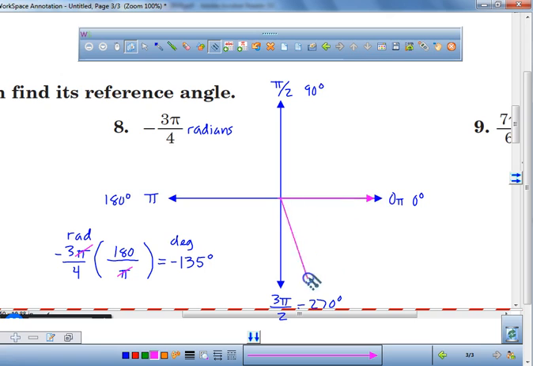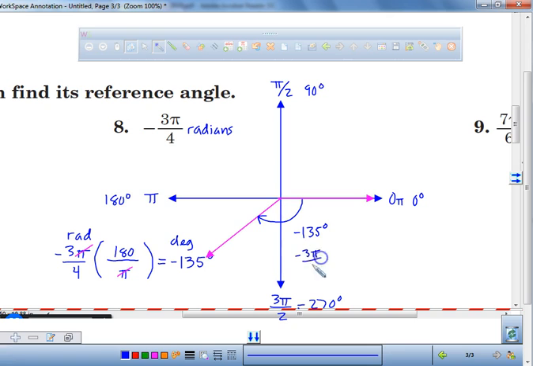We're going to go negative 90. And we're going to go an additional negative 45 degrees, which fits right about there. So from here to here, everybody, when it says sketch the angle, I've just sketched it. This is negative 135 degrees, also known as negative 3 pi over 4 radians.